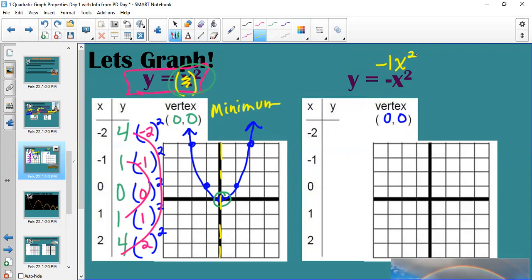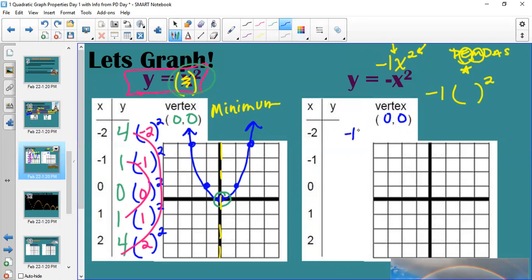If you think in terms of order of operations, we see multiplication and we see exponents. In PEMDAS, exponents come first, then multiply. So we are going to do the x squared, and then we're going to multiply it by -1.